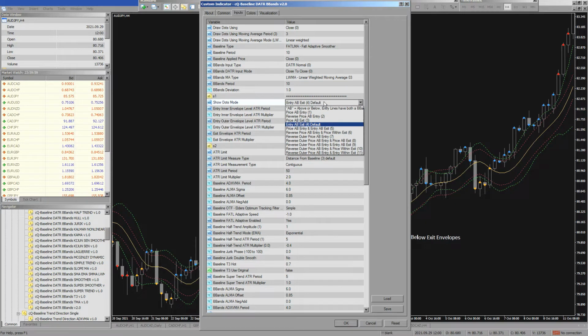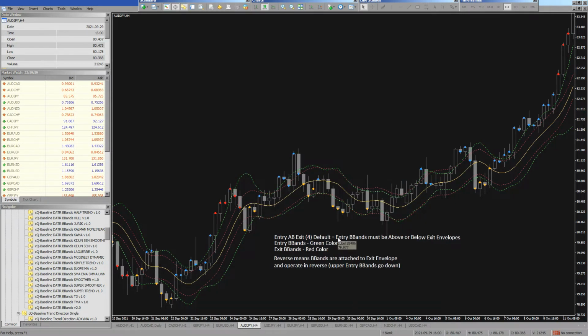This is the default. It's when the entry bands must be above or below the exit envelopes. Blue dot and up dot to be drawn. Price has to be above the baseline here. And then this entry band, the green B band, is above the exit red band, so it draws a dot.